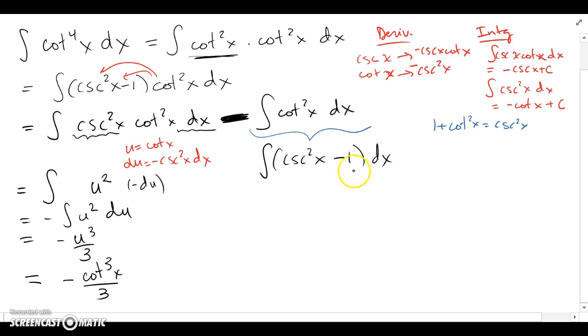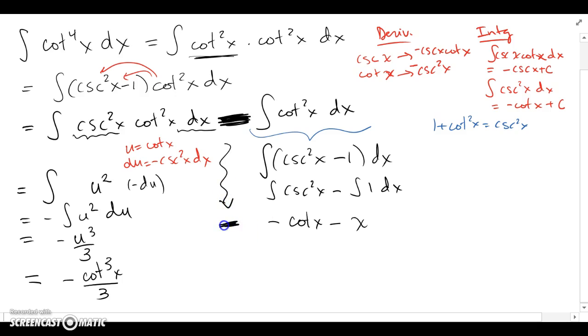And when we do that, if you'd like, we can again look at this as two separate integrals. Again, remember in the back of my mind, I still have to distribute that negative. And so now we're pretty good because we know what that is from our basic list here. That's just going to give me negative cotangent x minus, and that guy is just going to give me x.